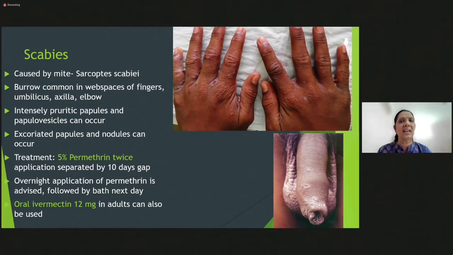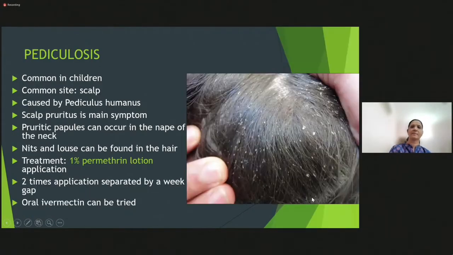So after a 10-day or 1 week gap, it can be repeated again. And why I have kept this picture is so that you can understand that apart from the classical lesions, that is burrows and excoriated papulopustules in the web spaces, involvement of the genitalia is classical in scabies.